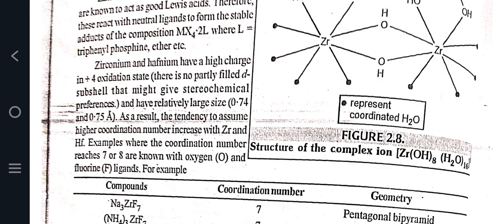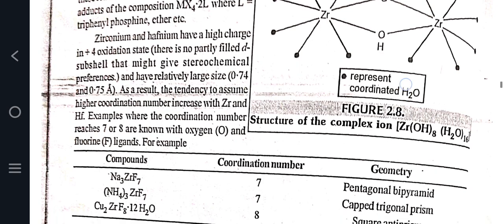There is no partially filled d subshell that might give stereochemical preferences, and they have relatively large sizes, 0.74 and 0.75 angstrom. As a result, the tendency to assume higher coordination numbers increases with zirconium and hafnium. Examples with coordination number 7 or 8 are known with oxygen and fluorine ligands.